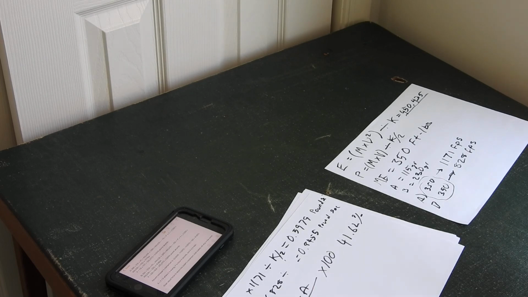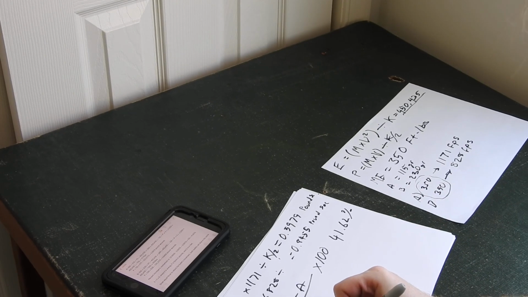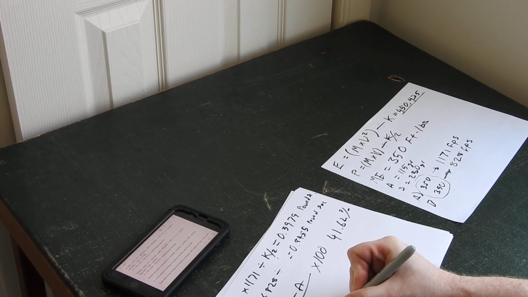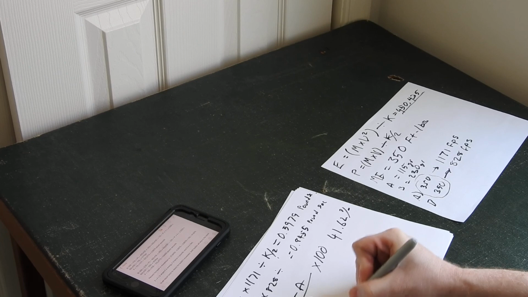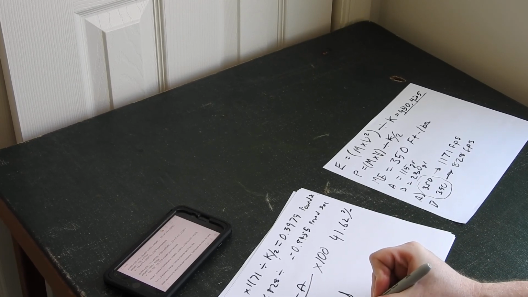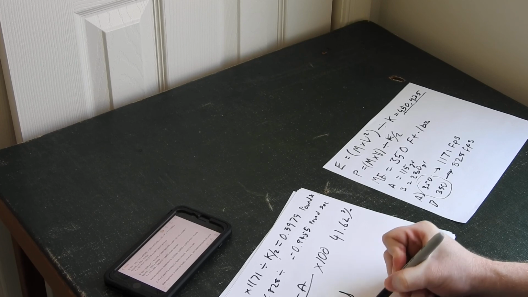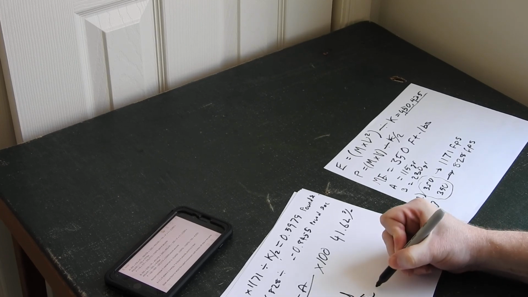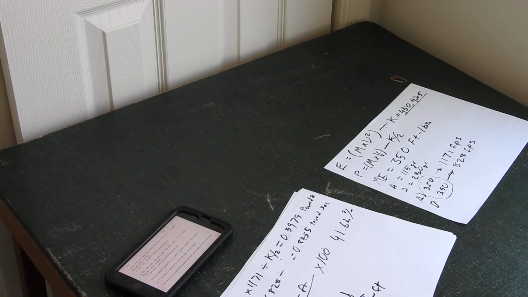Now, I was going to make a prediction based on what work is. Work is equal to force times distance. So if we have this force in pounds and this distance in feet, guess what? You're getting foot-pounds.